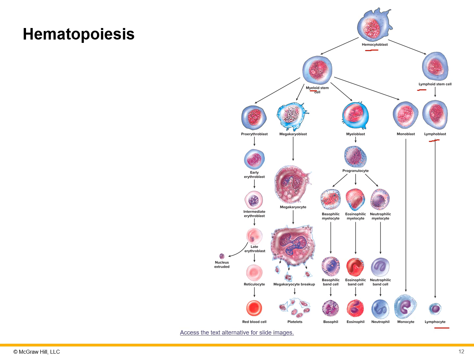Then the myeloid and the proerythroblast ultimately become the red blood cells. Megakaryoblasts become the platelets. The myeloblasts become the basophils, eosinophils, or neutrophils, those granulocytes, and then the monoblasts become the monocytes.